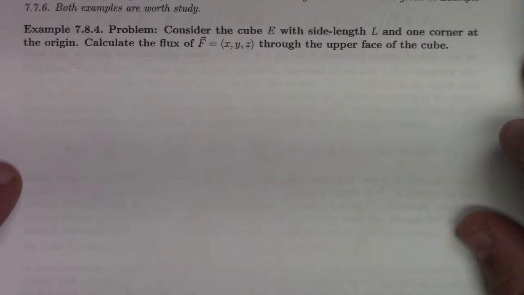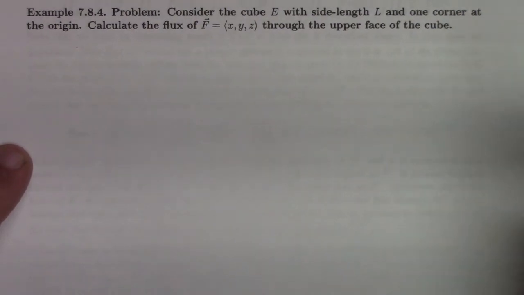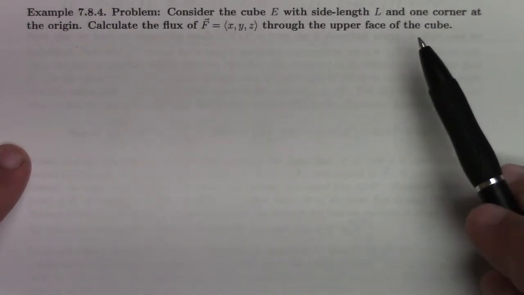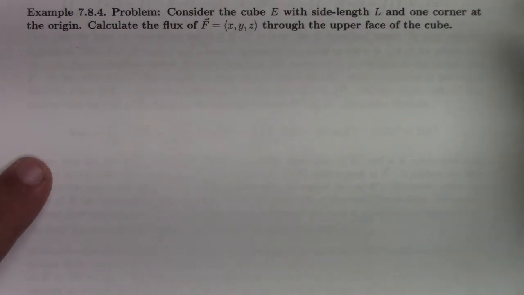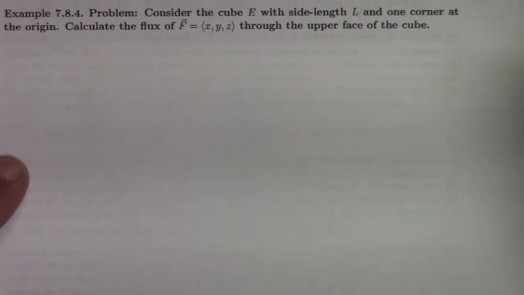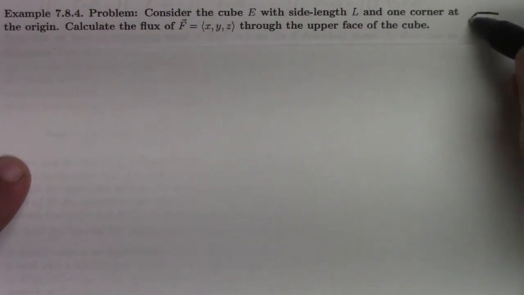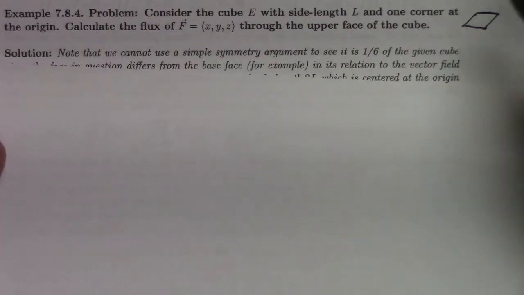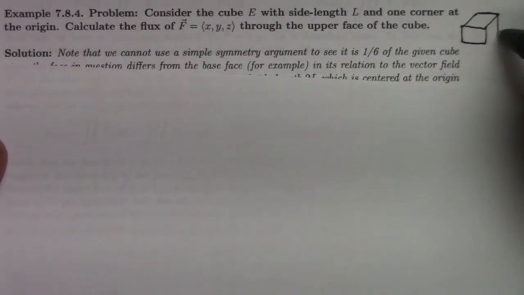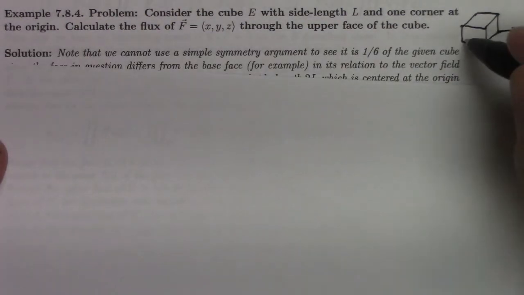Problem. Consider the cube E with side length L and one corner at the origin. Let's see if I can draw a picture here. So we've got the cube, and one corner is at the origin, right?